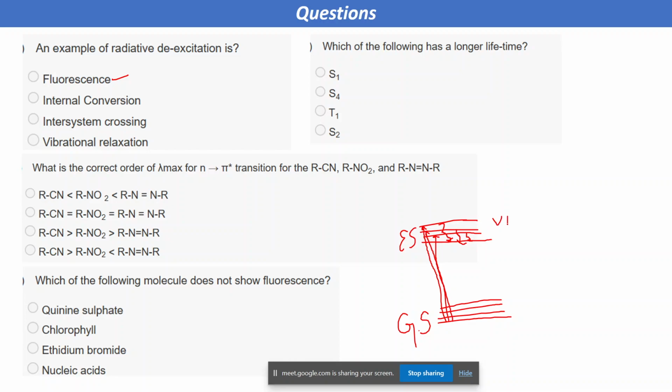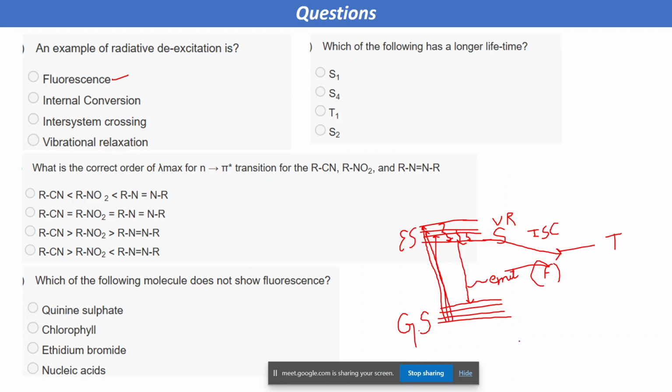Now, if a molecule from here comes to the ground state, it will emit some light in the form of radiation, that is called fluorescence. Now you know this molecule is in the singlet state and there is another level of lower energy than singlet, that is the triplet state. So if a molecule goes from singlet to triplet, it goes via intersystem crossing. So the transition from singlet to triplet is called intersystem crossing.